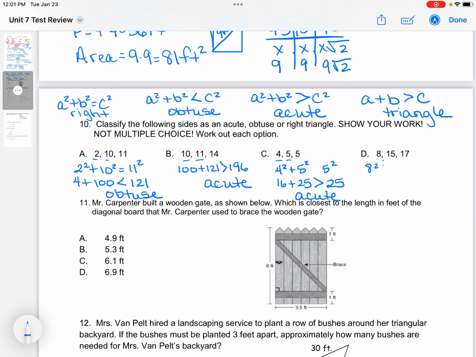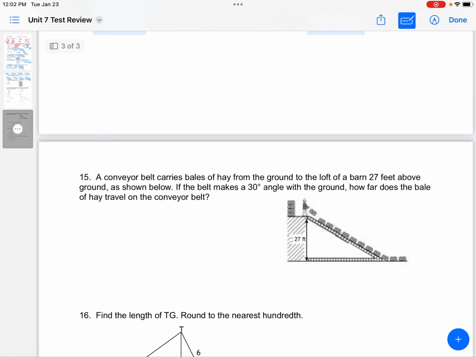We'll see, a right triangle. 8 squared plus 15 squared equals 17 squared. So I have 64 plus 225 equals, I don't know, 17 squared, 289. So 289 equals 289. So this one is a right triangle. Okie dokie.